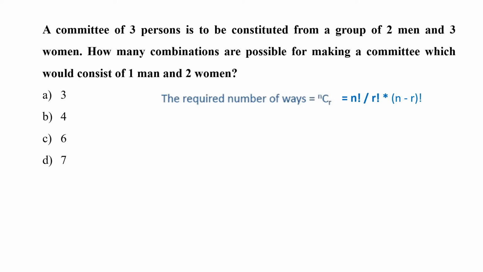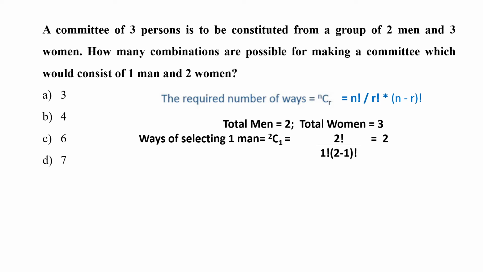It is given by nCr, and this abbreviation stands for n factorial upon r factorial into n minus r factorial. Here n is going to be your total number, while r is going to be your required number. So here, what is the total number for men? For men we have total 2, and for women we have total 3.